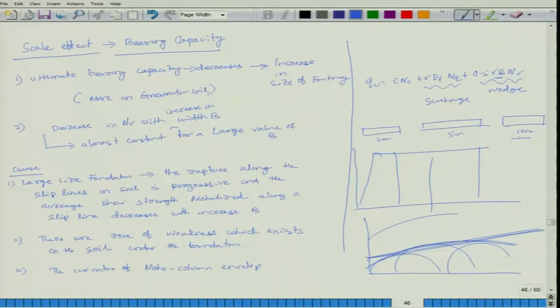From 5 meter to 10 meter, I also expect the bearing capacity to increase, but it does not mean that if I increase from 10 meter to 15 or 20 meter, it will keep increasing. It will remain constant. After a certain width B, it has no impact on the bearing capacity factor. This is called your scale effect.